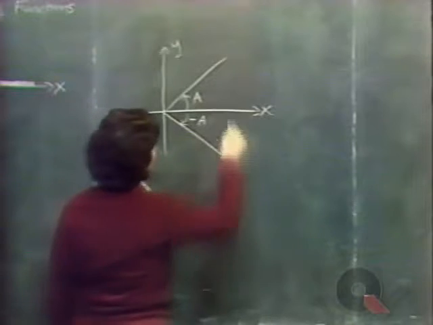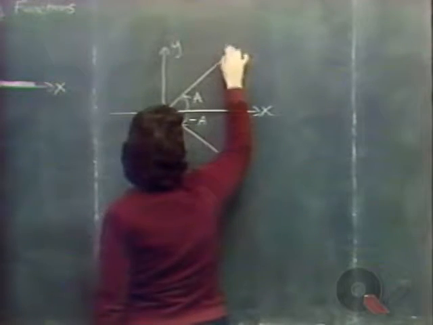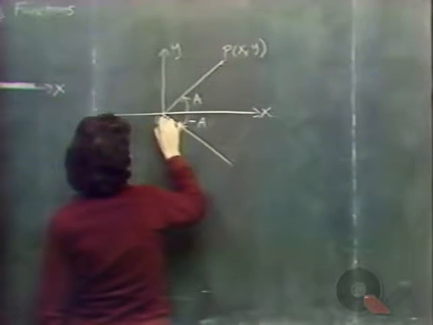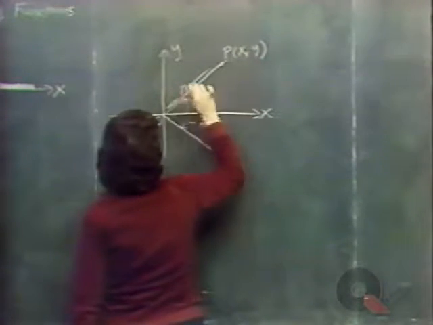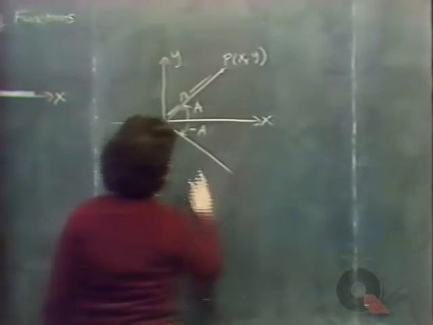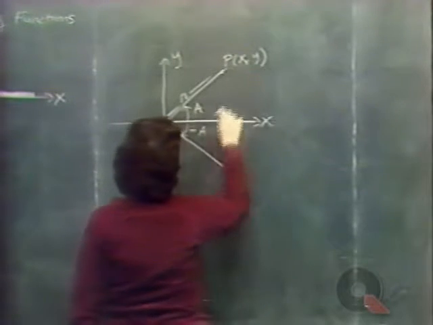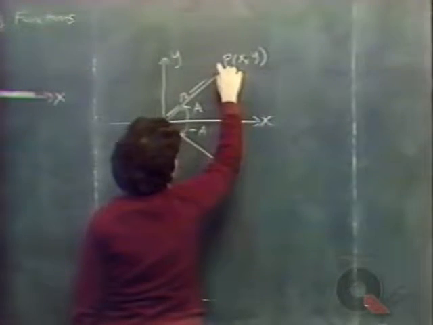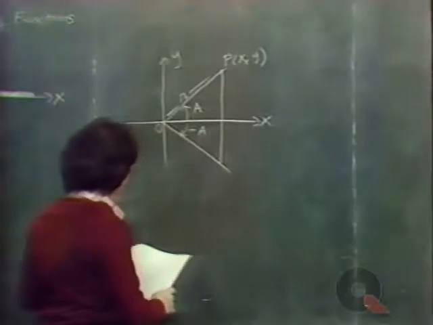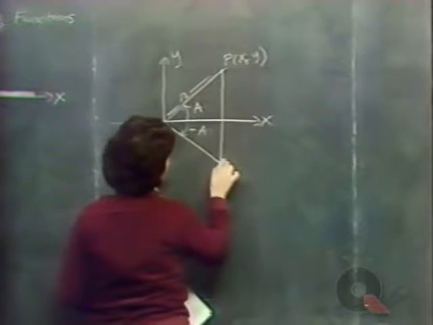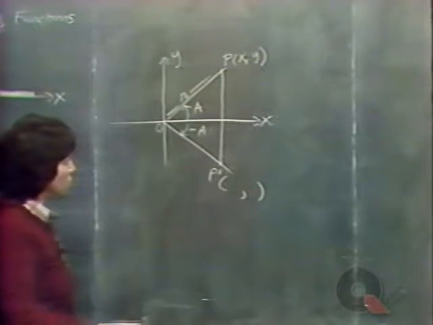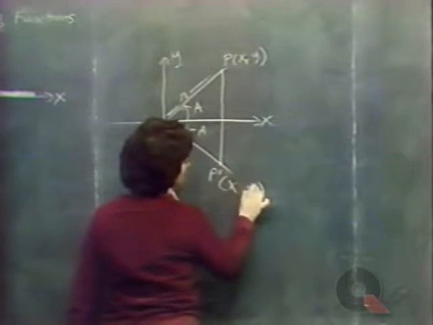Let's pick a point P on the terminal side of angle A. Its coordinates are, say, x comma y. Its distance from the origin is r. If we were to drop a perpendicular from point P until we hit the terminal side of the angle minus A, we would get a point, let's say, P prime, whose coordinates would be x comma minus y.